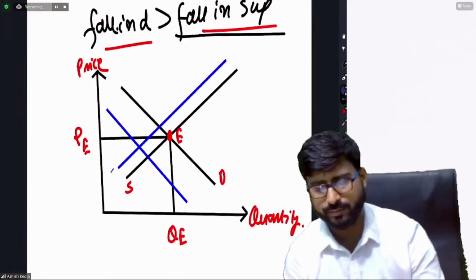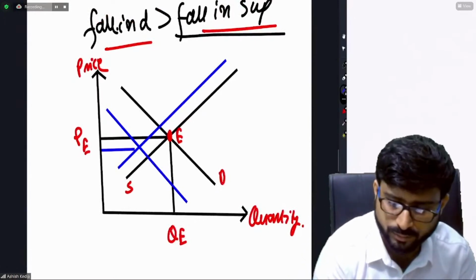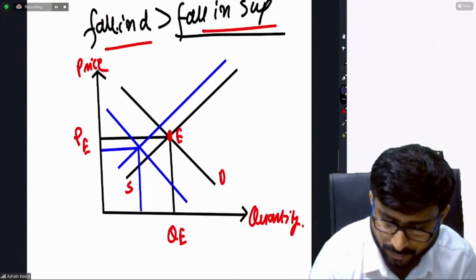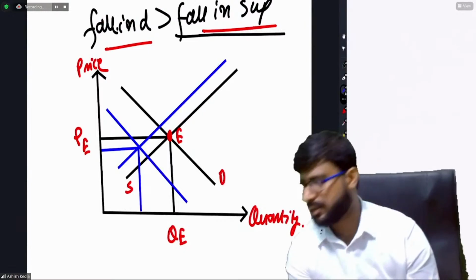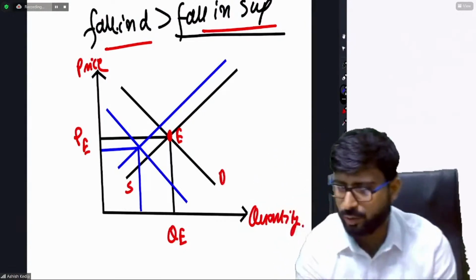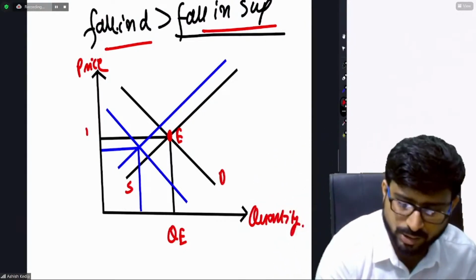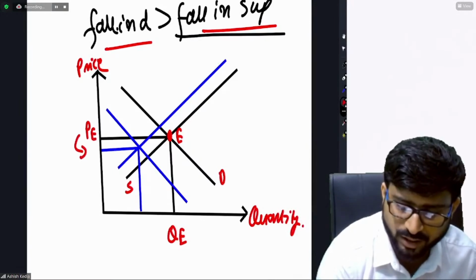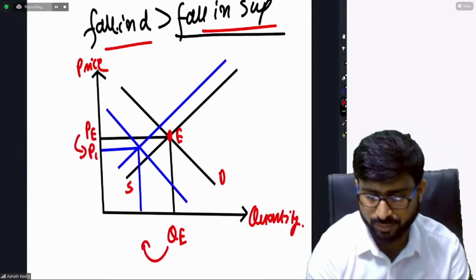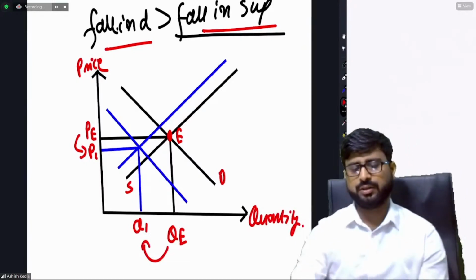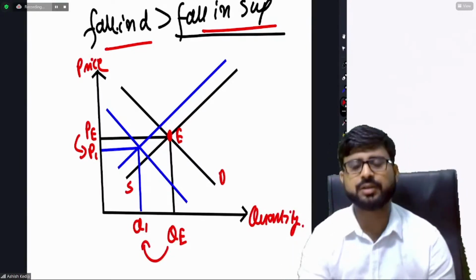So see, as you can see, both are falling. Now it has to be crystal clear. See, with the diagram also it has been made clear. Otherwise with graphs also it is clear that what we are discussing is correct.